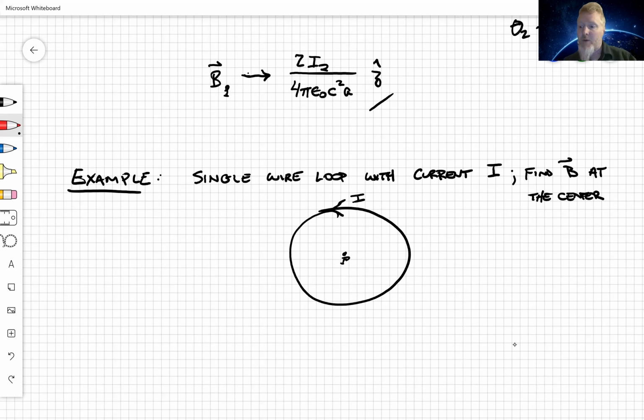I'm going to take a little pizza slice of this thing, and there's my dS. Of course, this is a very thin pizza slice that I'm taking here.